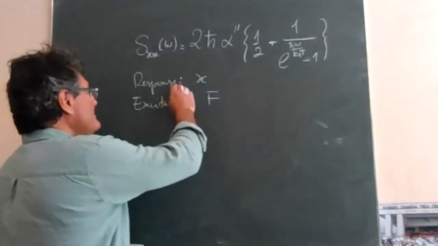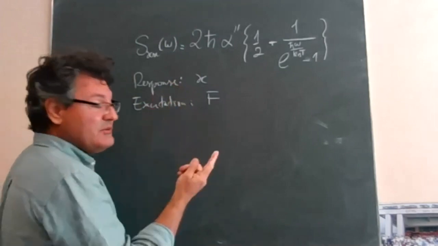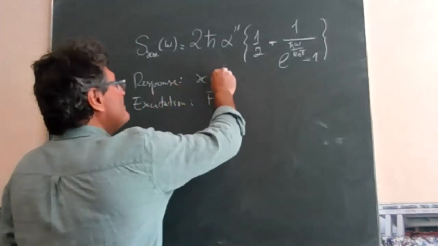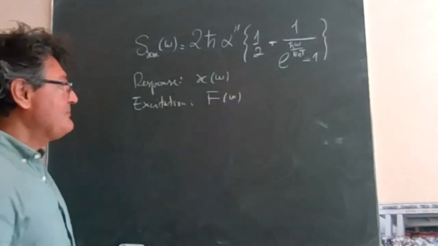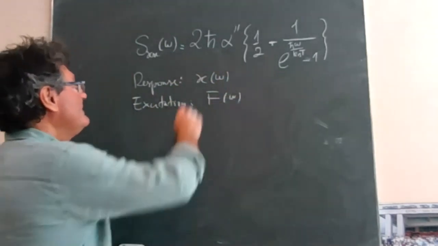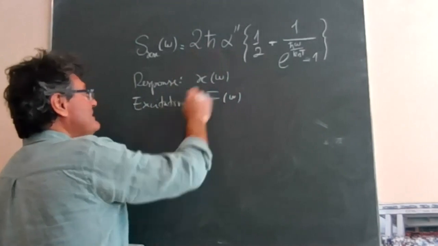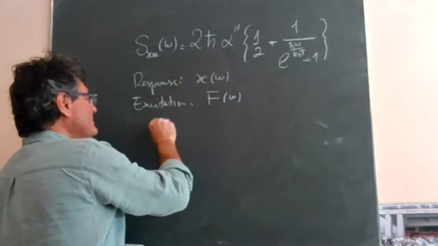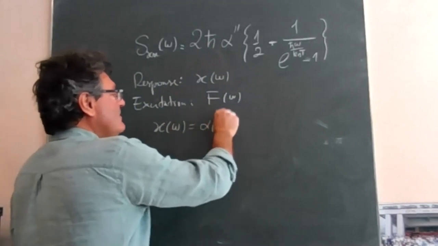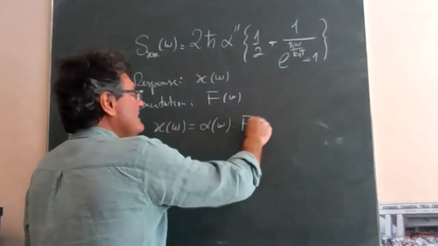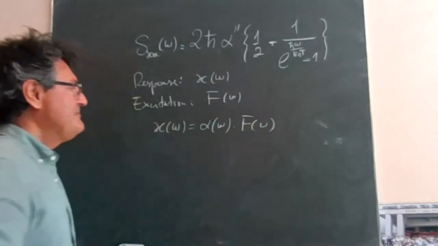So this response and excitation, we consider both in the frequency domain. So alpha is the constant that relates the two: x of omega is equal to alpha of omega times f of omega.